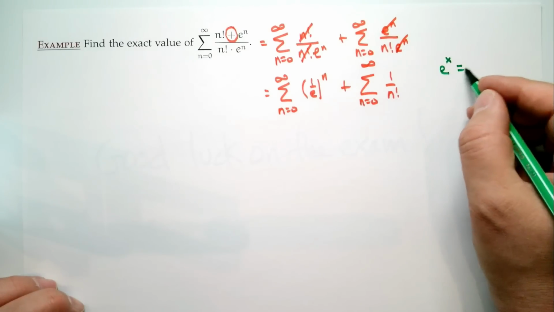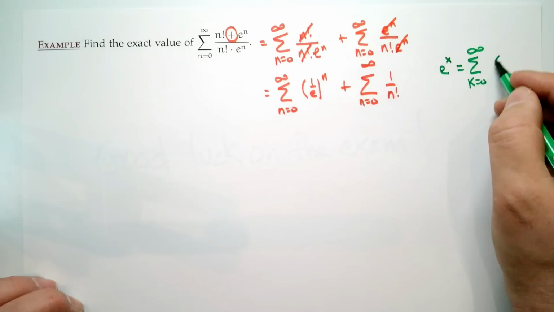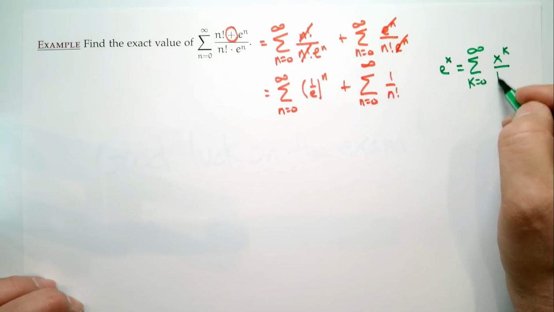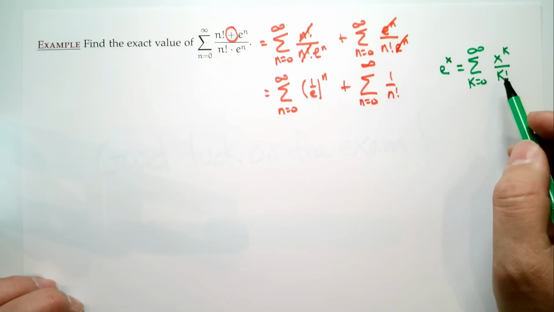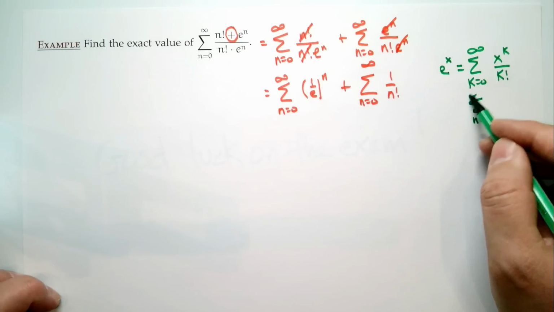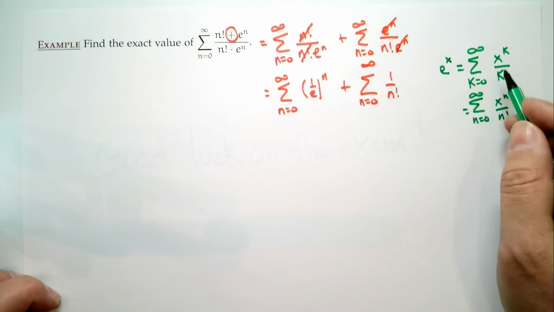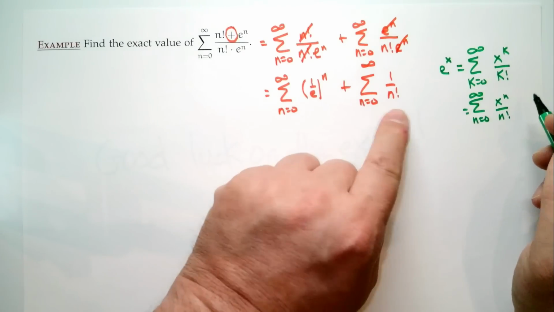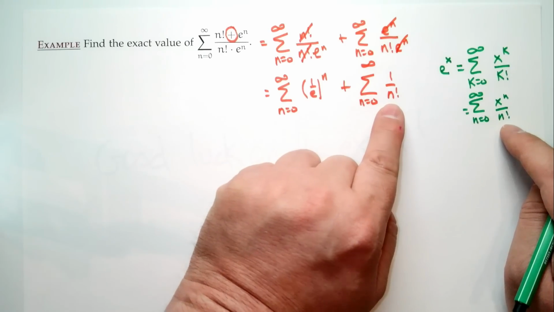e to the x is the summation k equals 0 to infinity of x to the k over k factorial. Now I chose k, I could have chosen n. So, let's say I did choose n: sum n equals 0 to infinity, x to the n over n factorial. The symbol we used for our index doesn't matter. These look almost the same, and they are the same if we do what?